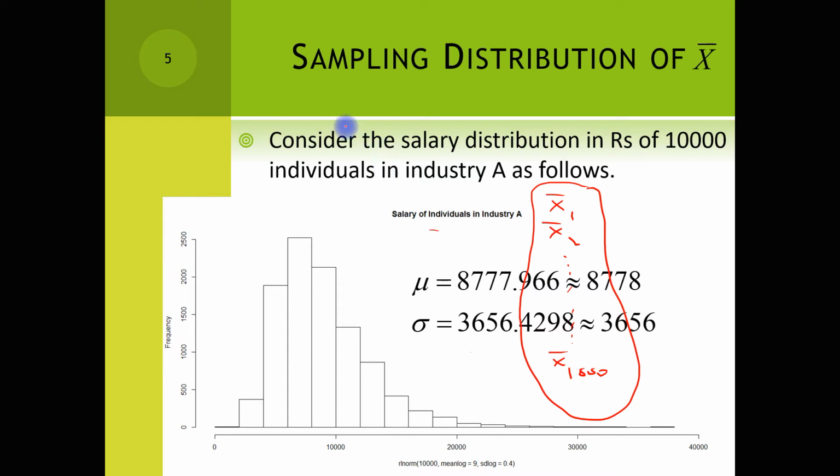And if you have different values of x bar, you need to understand that you can basically plot a histogram to understand what is going on with all these possible values, right? And you will see what is happening.